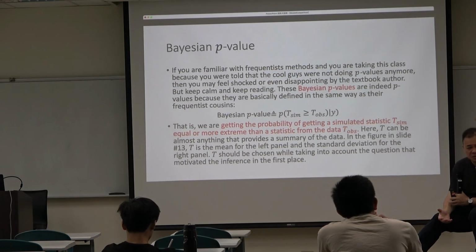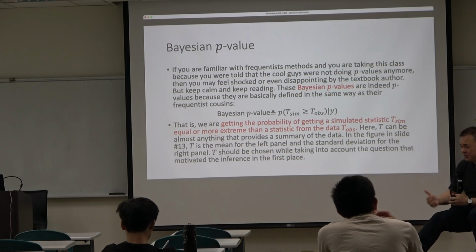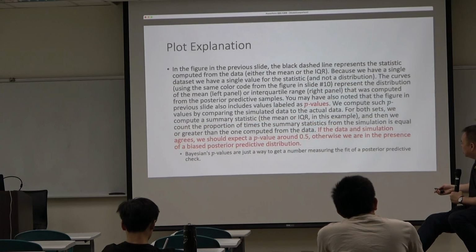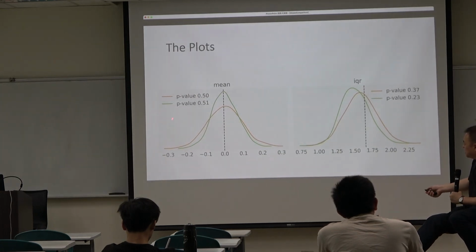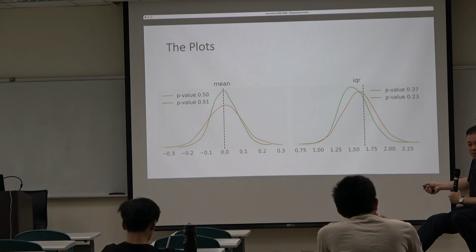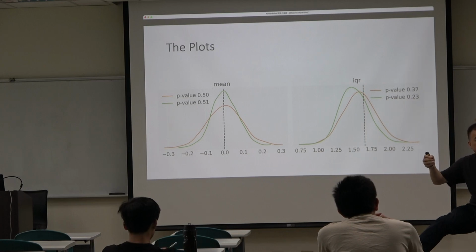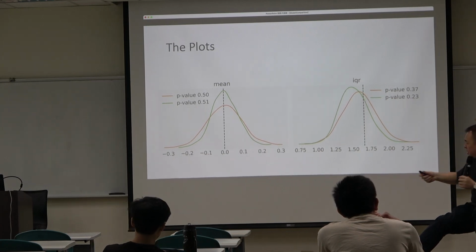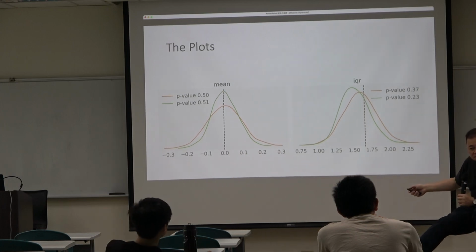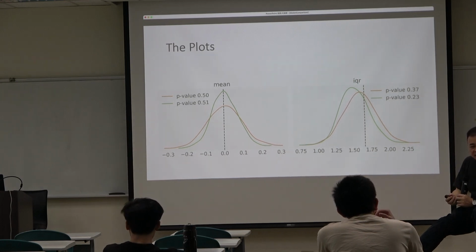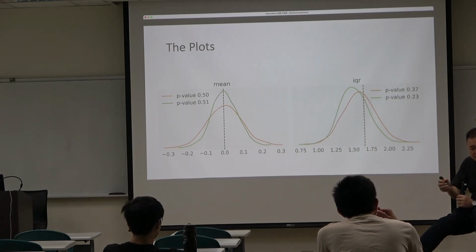Remember what I told you: for this mean, for example, we actually get multiple sets of samples from the posterior in order to calculate this dispersion. This can be done by Bayesian data analysis, but it is not available to the frequentist.